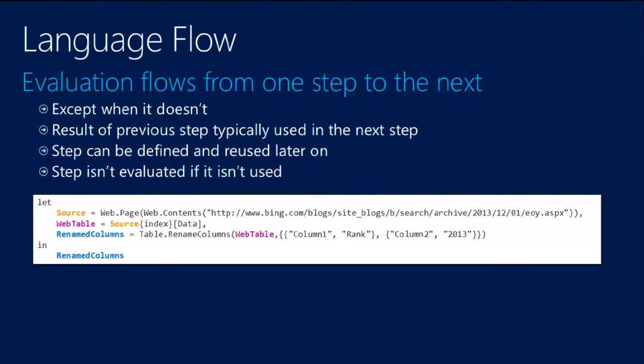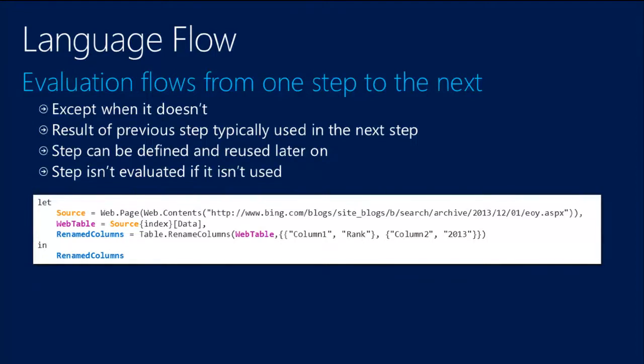And then in the following step, we're going to rename column 1 to rank and column 2 to 2013, assign that to rename columns, and then the final in is basically like a return statement. So we're saying return rename columns, which is the final step.